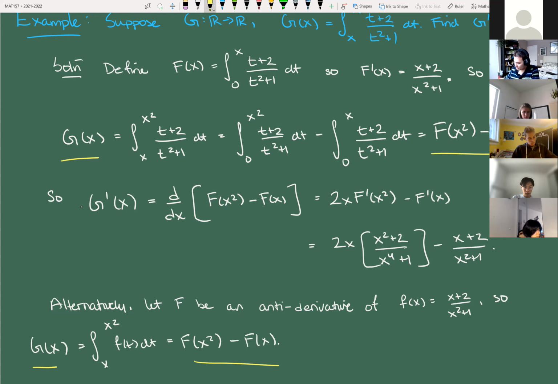So it lets you get to this step, I don't think faster. It's basically the same amount of work, but you can use either FTC1 or FTC2 to arrive at this. There aren't too many nice examples of using FTC1, except for when you do need to differentiate under the integral sign. But this is the sort of thing to keep in mind here.